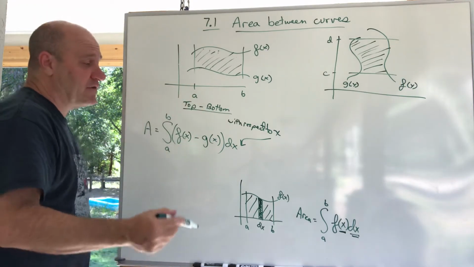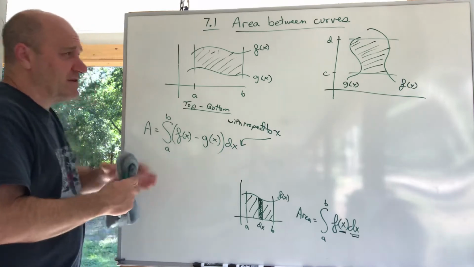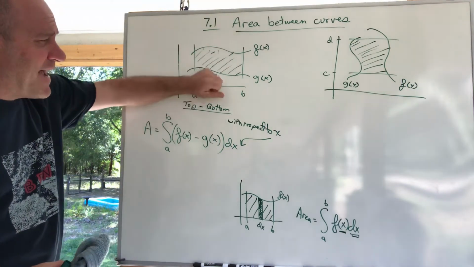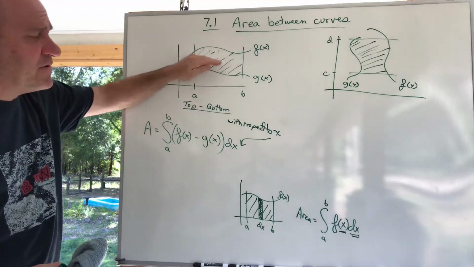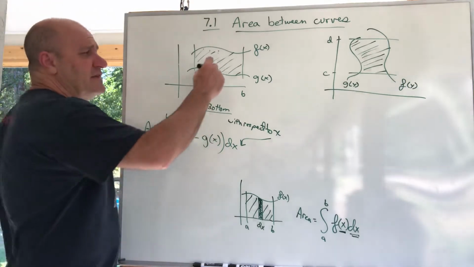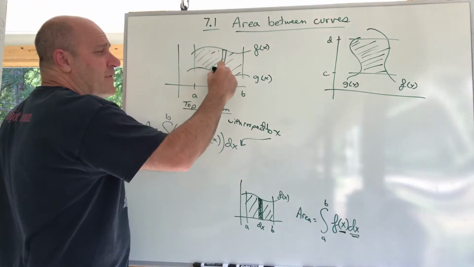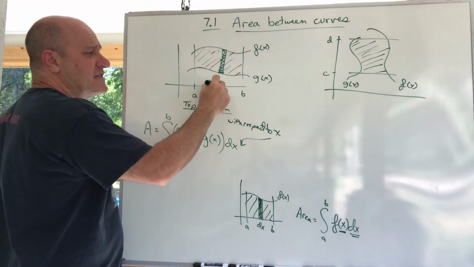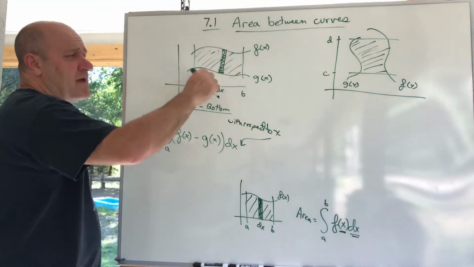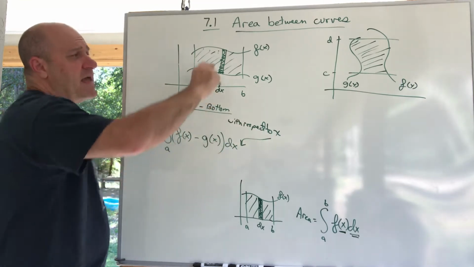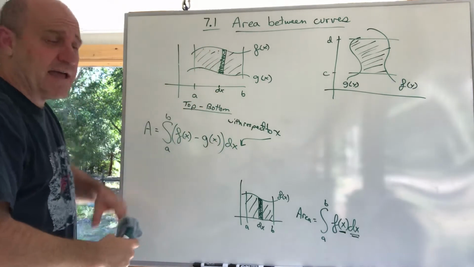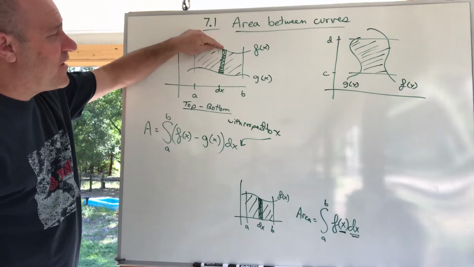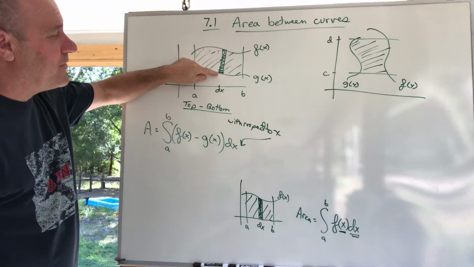Another way to explain it is, the area of f minus the area of g gives you what's in between. Another way to explain it is, there's a rectangle here, and the width of that rectangle is dx. That's what's telling me I'm doing it with respect to x. And the height of that rectangle is that y value minus that y value.